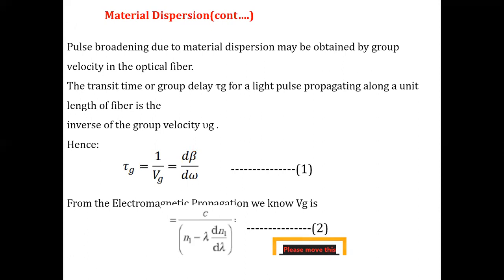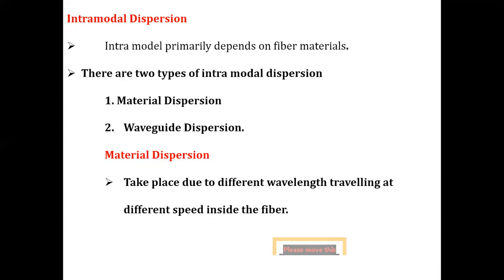So we can minimize this by using wavelengths such as 850 nanometer, 1300 nanometer and 1550 nanometer, which is also known as the zero dispersion wavelength, denoted as ZDW.